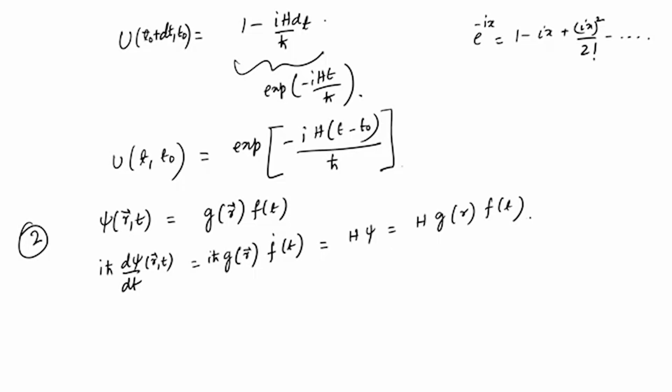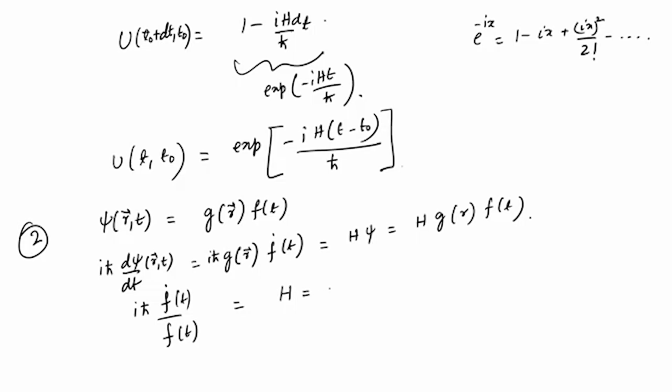Now, this is just like a normal algebraic equation. If you treat it like this, you have I h cross f dot by f, where f dot is a function of t and f is a function of t as well, and this is like H g of r by g of r, for a system in which the Hamiltonian does not explicitly depend on time.